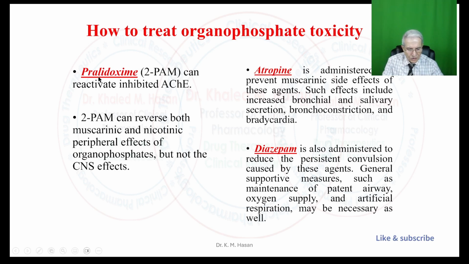We need pralidoxime as an antidote to reactivate the acetylcholinesterase. We need to use diazepam to relieve convulsions and epilepsy, if you have it. We use atropine to prevent muscarinic effects in this patient, especially the bronchial and salivary secretions.